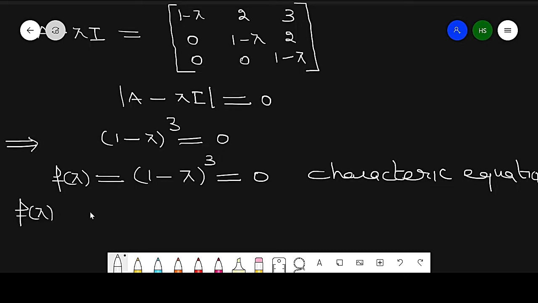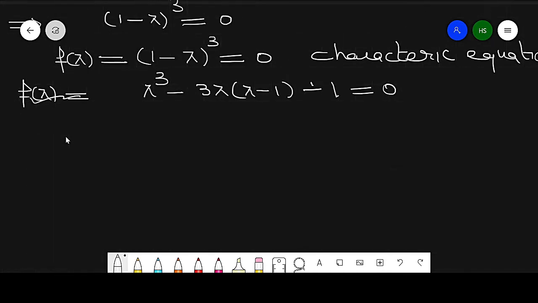This becomes lambda cube minus 3 lambda square plus 3 lambda minus 1 equal to 0, which is the characteristic equation of our question.